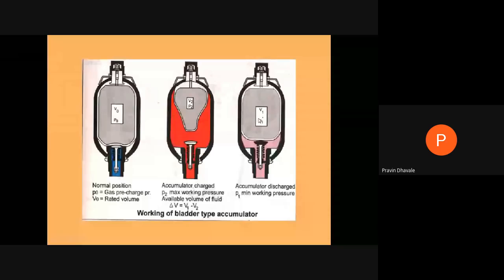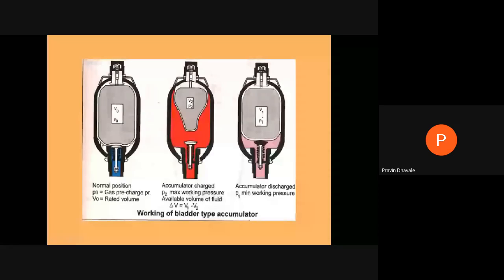Here, at the initial state, the bladder covers the entire inner volume of this accumulator. Then we supply the fluid from the pump to the accumulator. At that time, the bladder gets compressed because of this fluid, so the fluid gets pressurized.